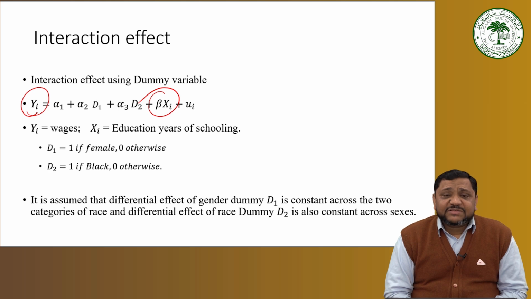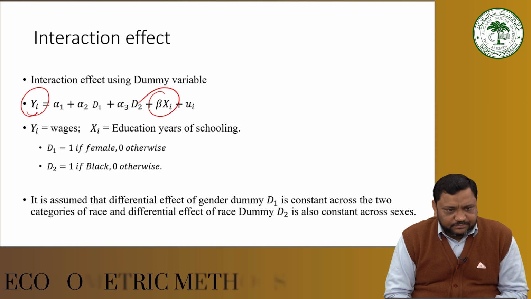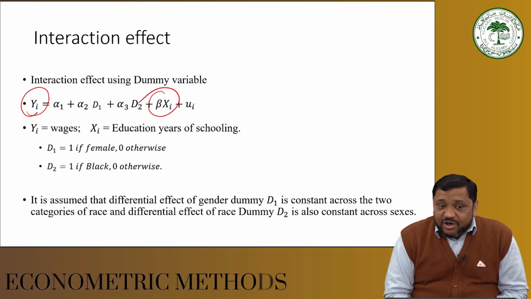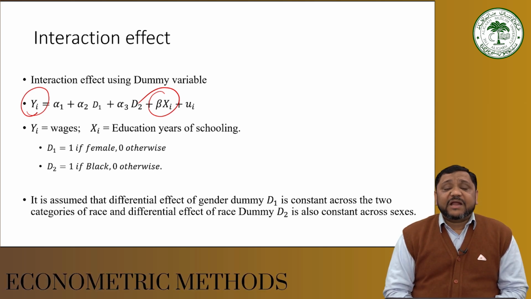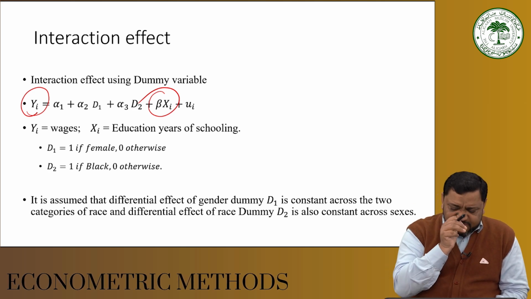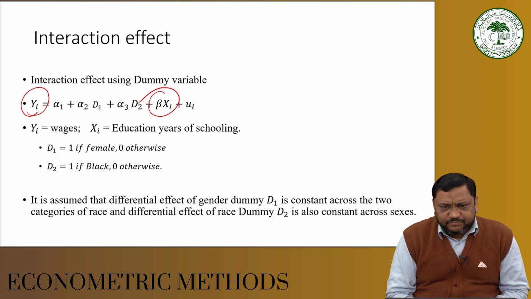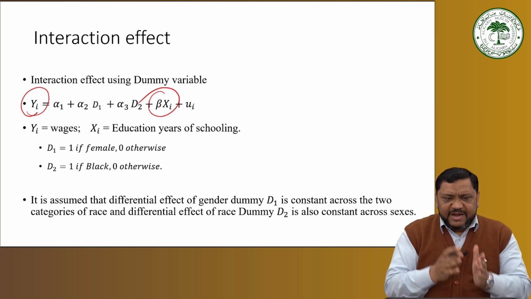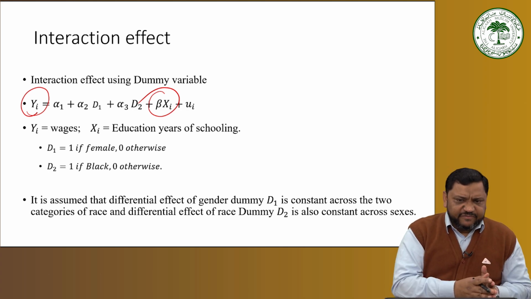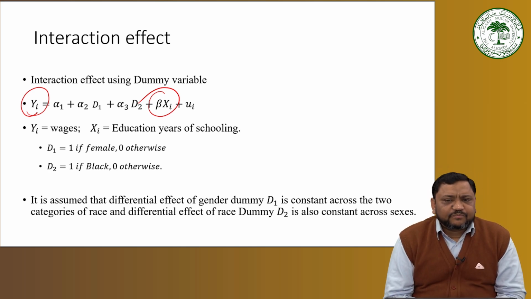But here there is another thing which can play a role, that is, what is your gender. Also another thing that can be incorporated, although we can take it in the US context, is whether you are a black or a white. So gender and race are qualitative, whereas education is quantitative.